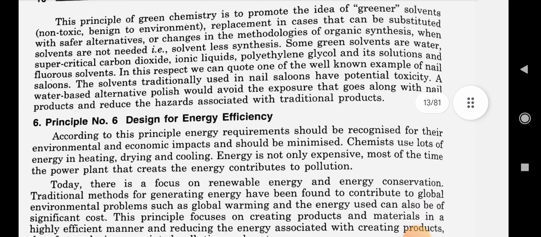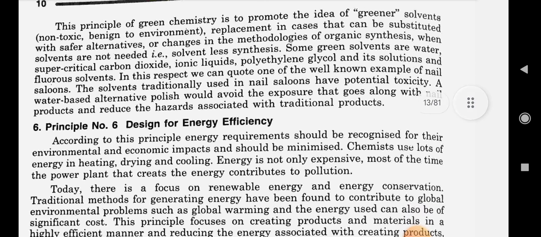This principle of green chemistry promotes the idea of greener solvents. Replacements can be substituted with safer alternatives, or changes in the methodologies of organic synthesis can be made when solvents are not needed, that is, solvent-less synthesis.